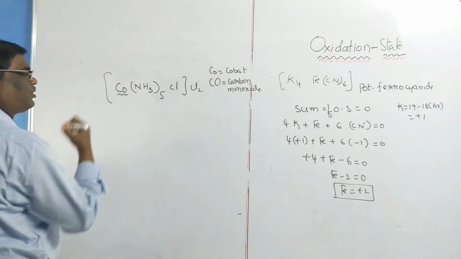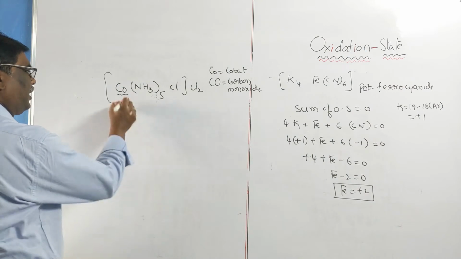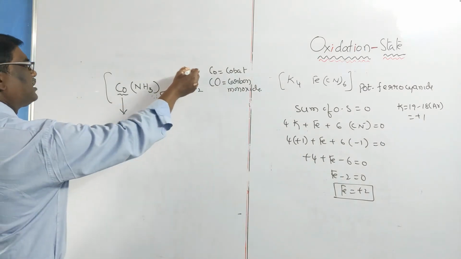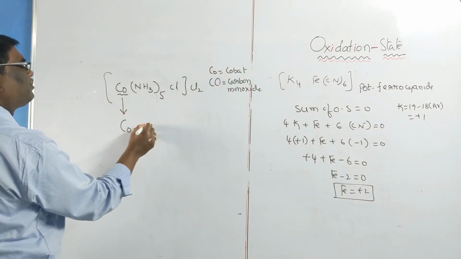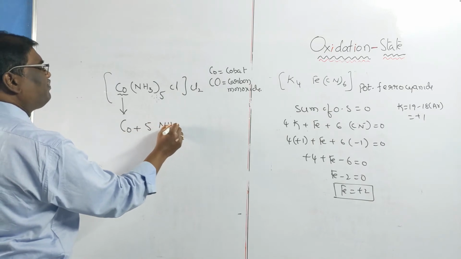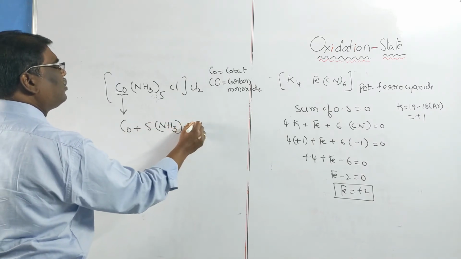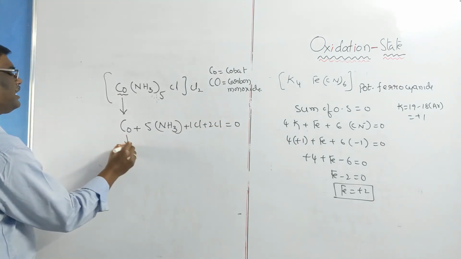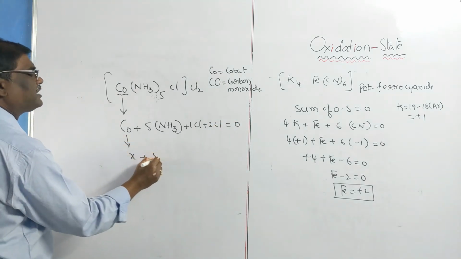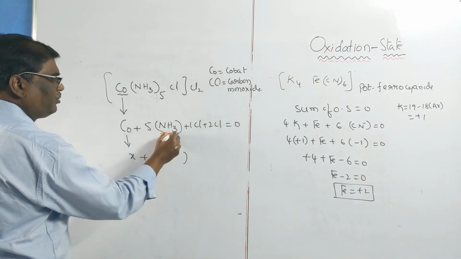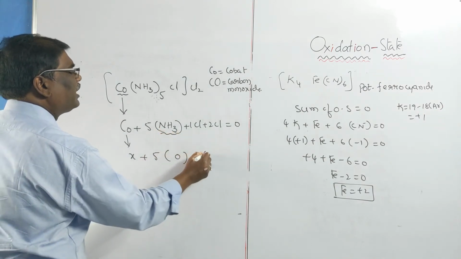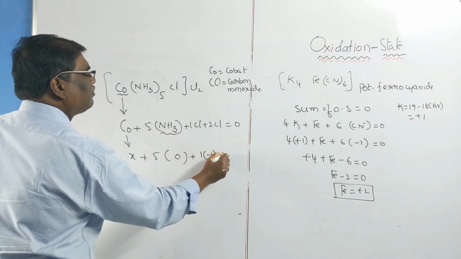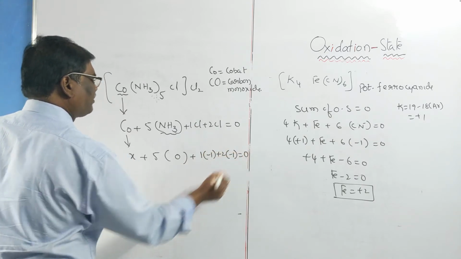Now we have to find out the cobalt oxidation state. Now cobalt, you know, this is also a molecule. Cobalt plus 5 NH3 plus 1 chlorine plus again 2 chlorines equal to 0. Let us suppose this is some X plus 5 into, you learnt ammonia is neutral one, 1 into chlorine -1 plus 2 into another chlorine atoms -1.